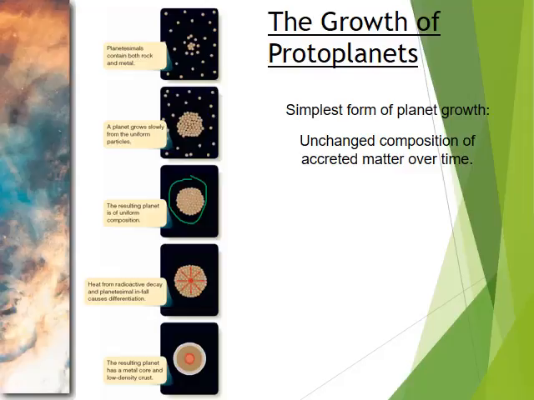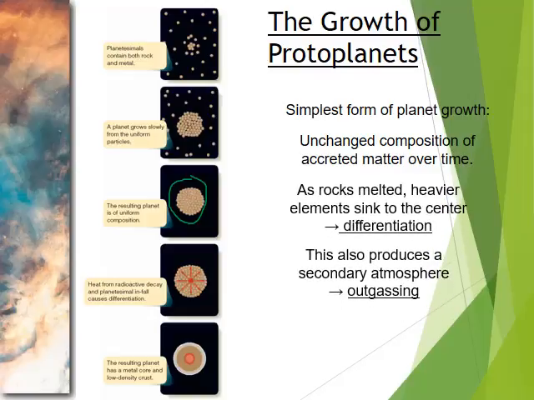So you have a planet that gets warm to the point that it becomes molten. All these solid materials that form the planet now become liquid through the heating of collision, compressional heating of gravity, as well as radioactive heating. And once you have a molten material, now you can have what's called differentiation.